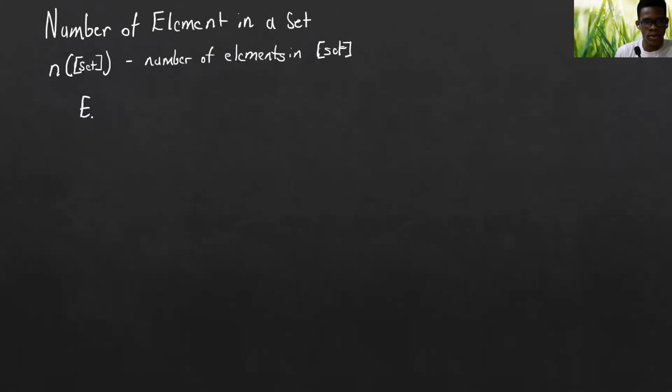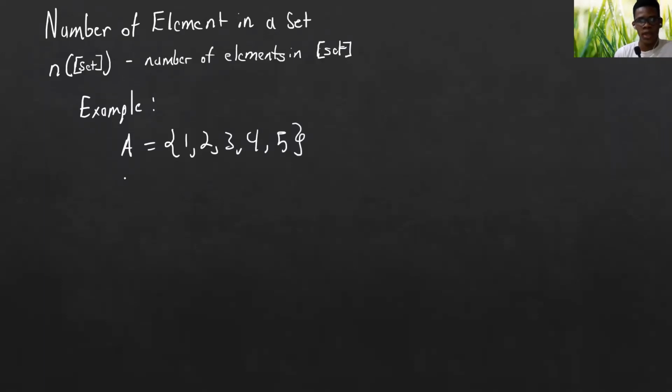So an example would be, let's look at a set. Let's look at a set A and use the normal 1, 2, 3, 4, 5. Right, these are the elements of set A. And if I want to refer to the number of elements in set A, N open bracket A, this means again number of elements in the set A, right?